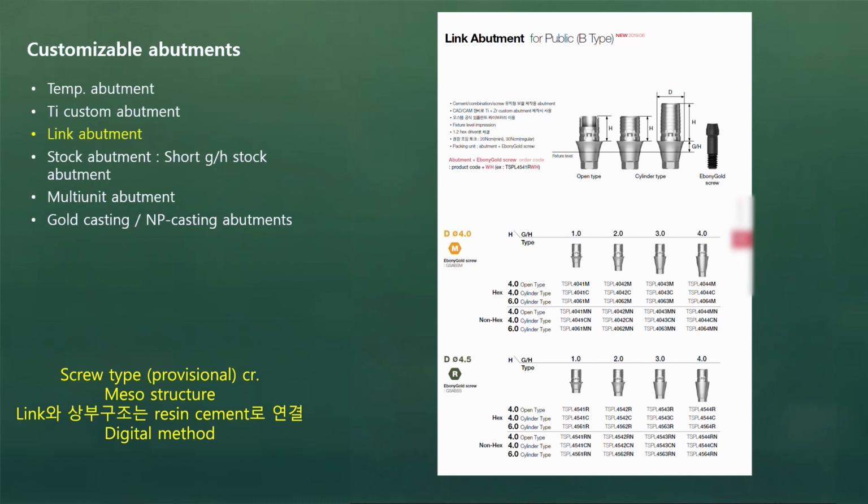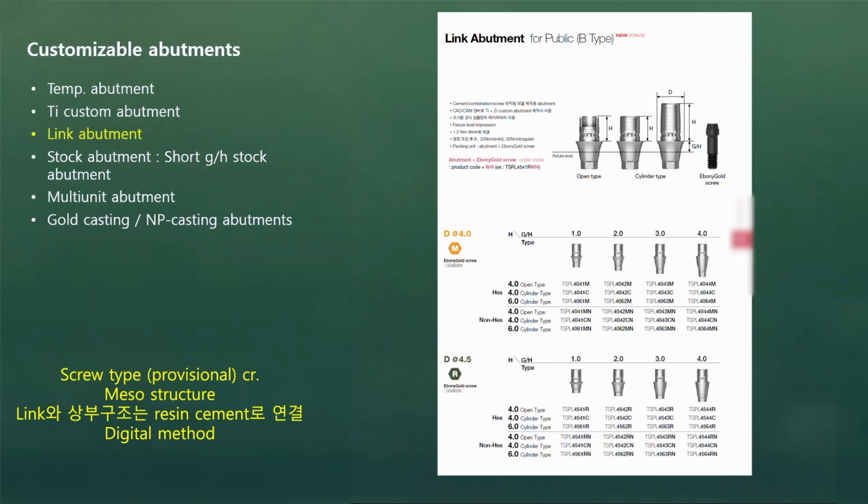And if not screw type, then on top of link abutment, a mesostructure or abutment is connected. It comes in 4.0, 4.5 diameter, and various sizes, and open type is easy to follow the lingual contour, and if you use an angular screw, it's better.